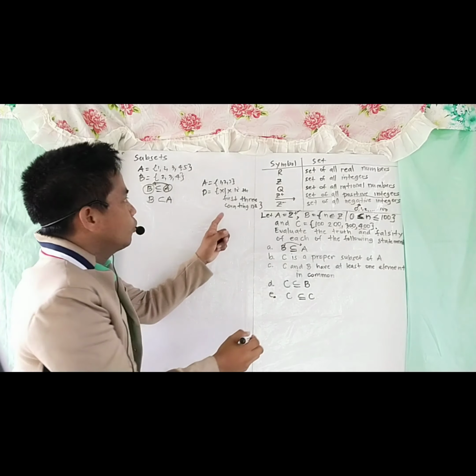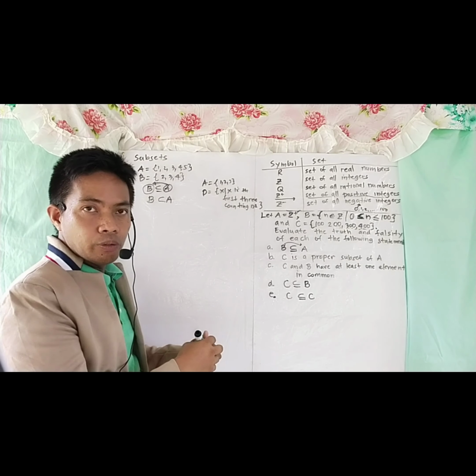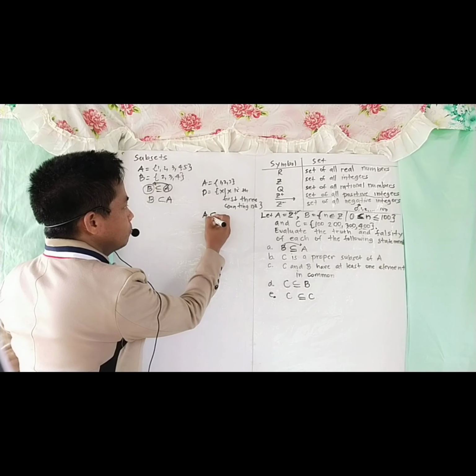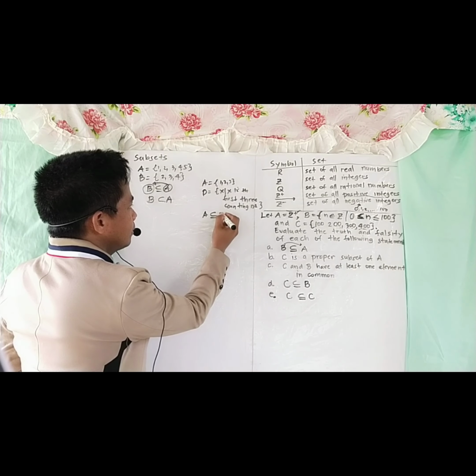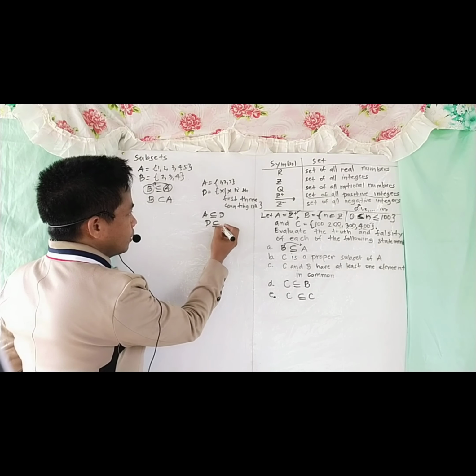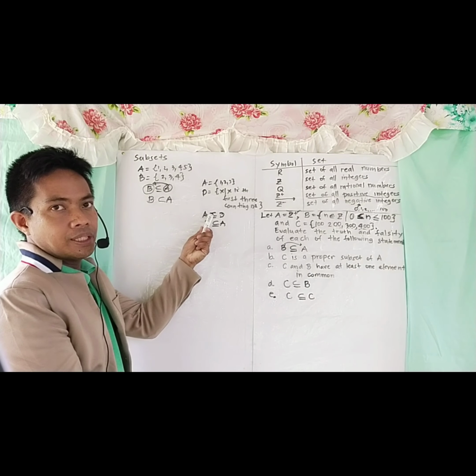So D also has 1, 2, 3. A is a subset of D. At the same time, D is also a subset of A. This is not a proper subset.